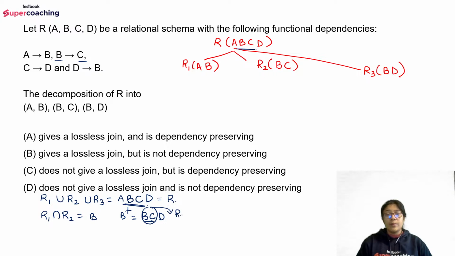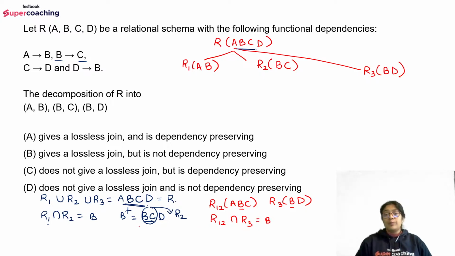So this means you can join R1 and R2, because B is the key for the relation R2. So here we'll get R12 with attributes A, B, C, and R3 with the attributes B, D. Again, we'll find out the common attribute. The common attribute in R12 intersection R3 is B.